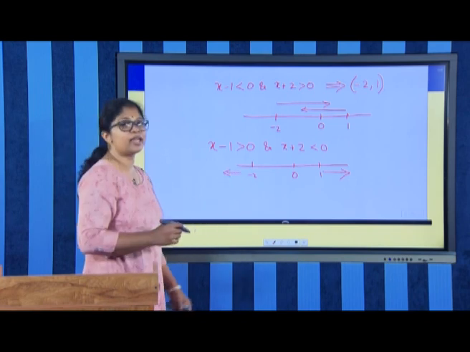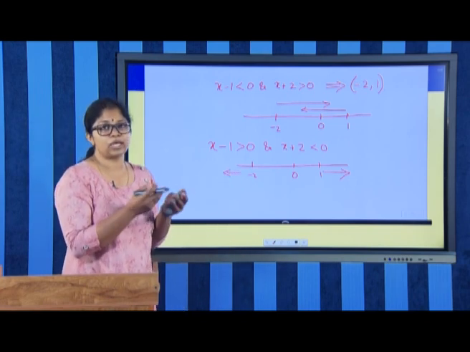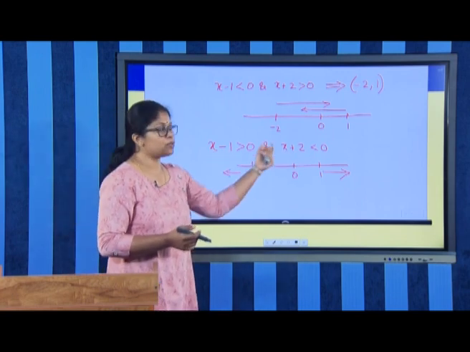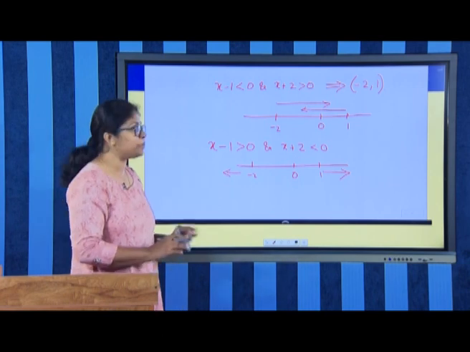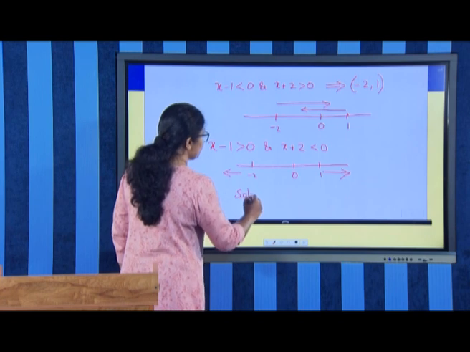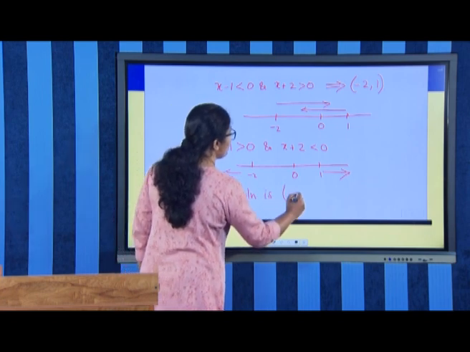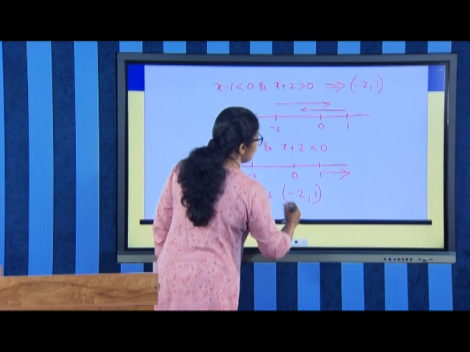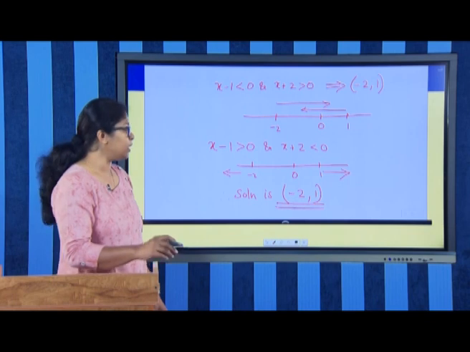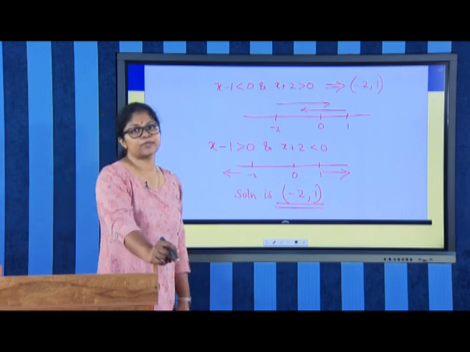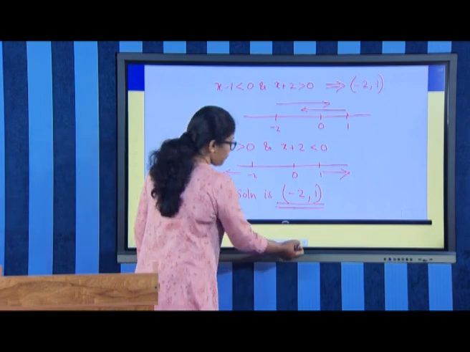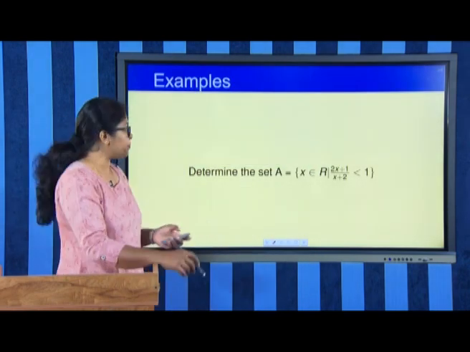So, we can see that there is no intersecting region or no common points which satisfy both these conditions. So, this leads to a null set, actually an empty set. So, therefore, the solution is only the open interval negative 2 up to 1. We do not have any unions here, you have only one part satisfying the required inequality. So, that is the solution of the third problem.